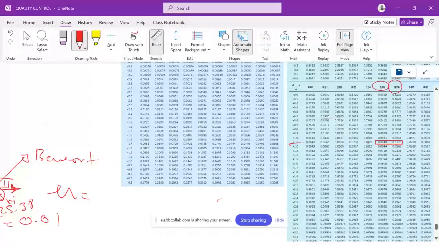I have two z's and I don't have a proper center z, so now we want to take the average of the two.